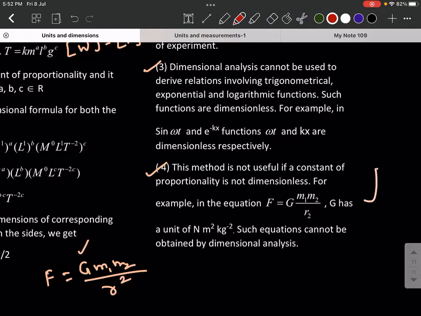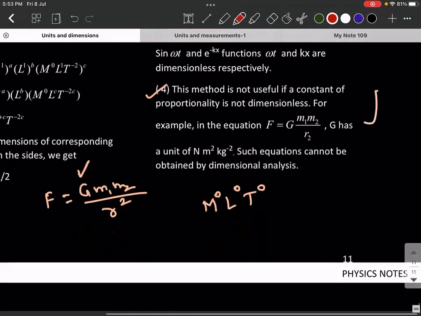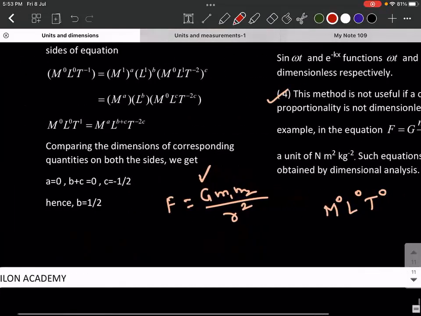But if you see, this universal gravitational constant is not a dimensionless quantity. When I say dimensionless, the meaning should be M0 L0 T0. That will happen only for a number or a constant. Whereas G has a dimensional formula with it. If that is the case, then you cannot derive this formula using dimensional analysis. Is that clear? So these are all the drawbacks.